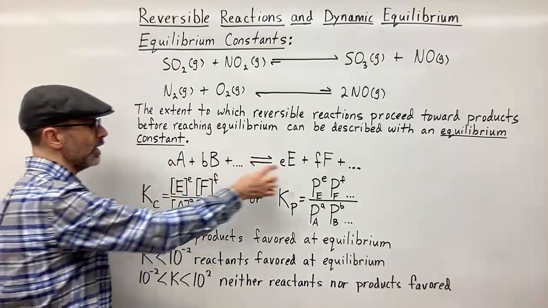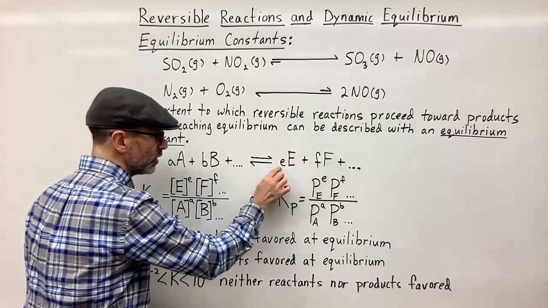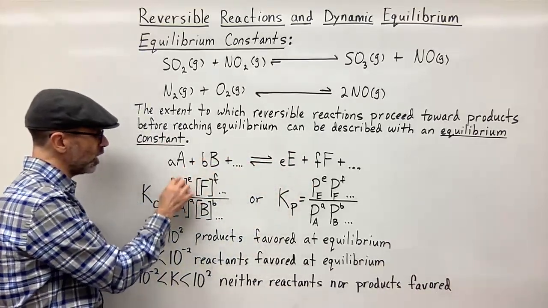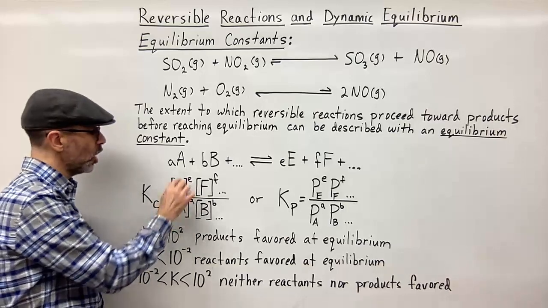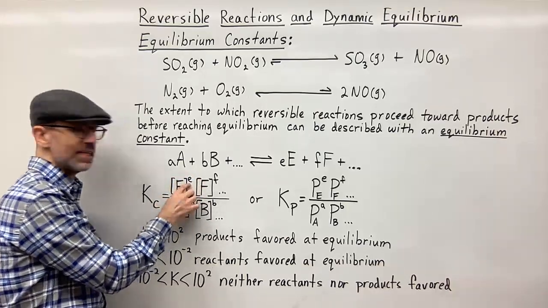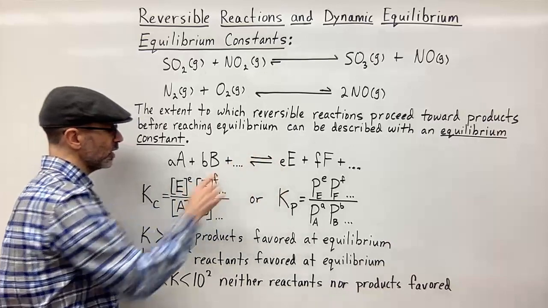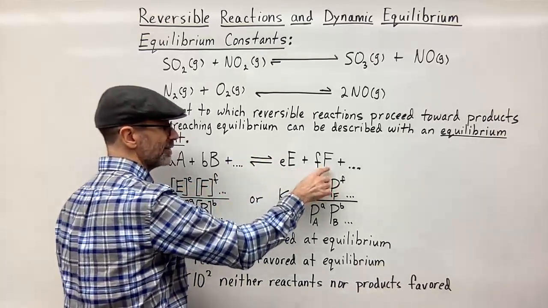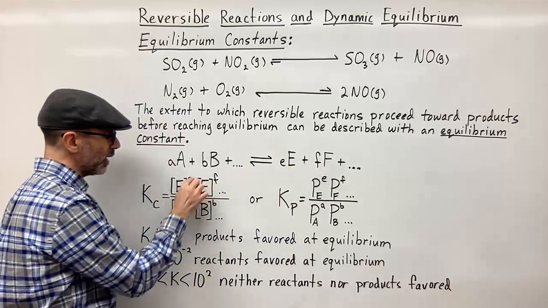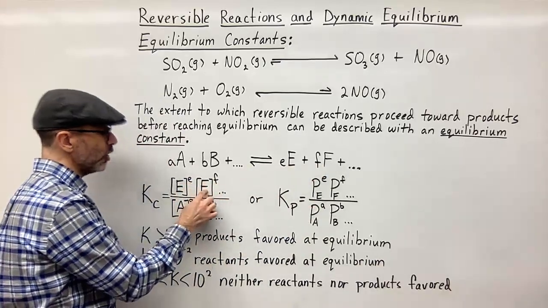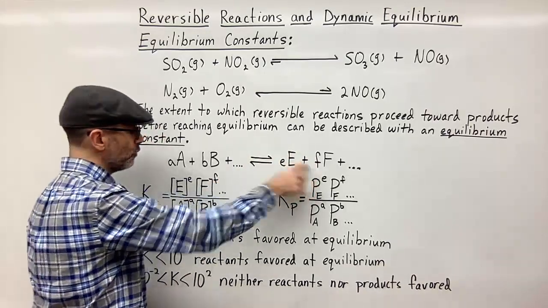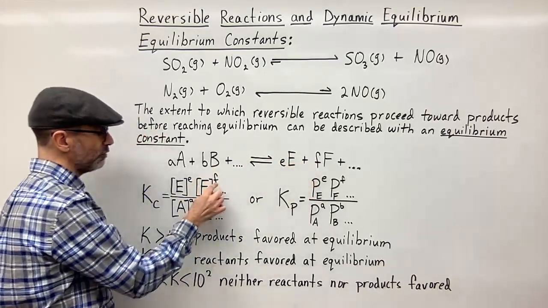So here I have product E with an e coefficient. So it's going to be the concentration of E, whatever that concentration is, raised to the power of its coefficient, little e. Then I'm going to multiply that by the concentration of the next product, F, so multiplied by the concentration of F raised to the power of little f. So here's the power of F and so on.